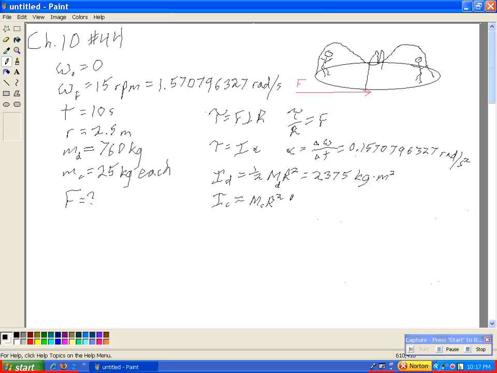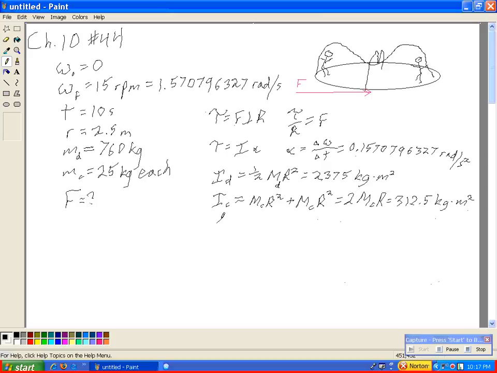That's mass of child 1, and then the second child has the same mass. So really this is just 2mr squared, and that equals 312.5 kilogram meters squared.